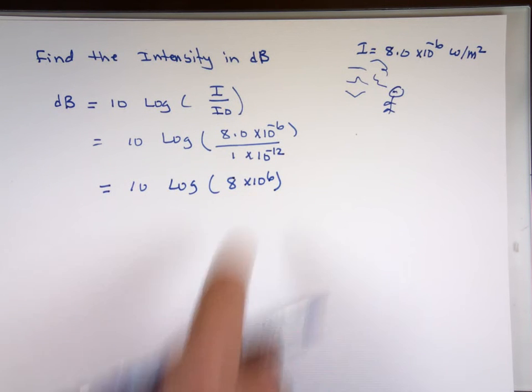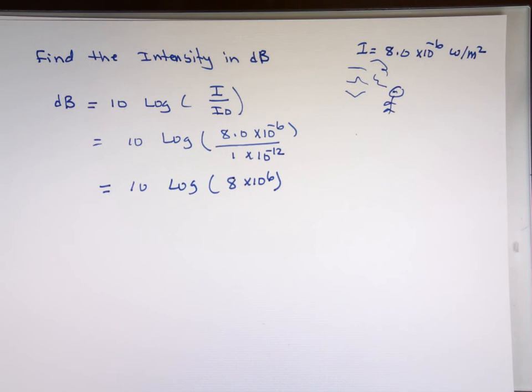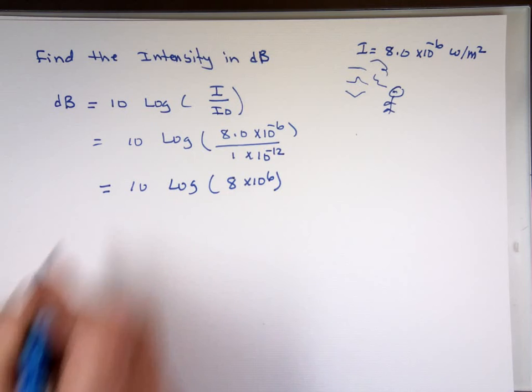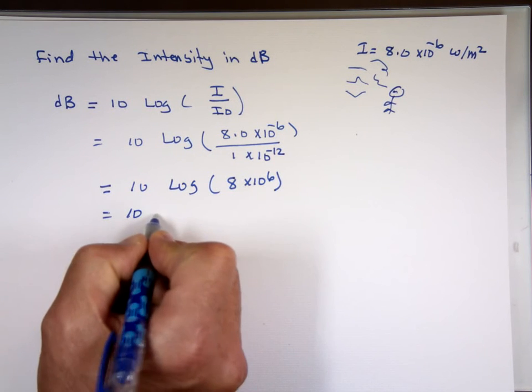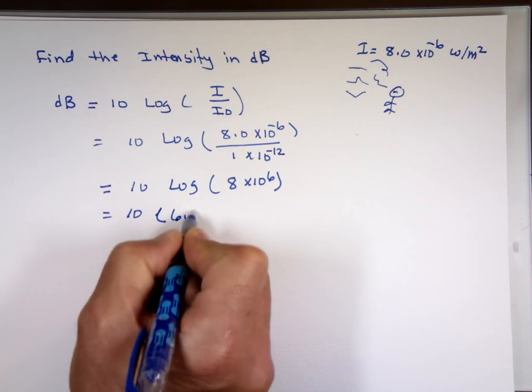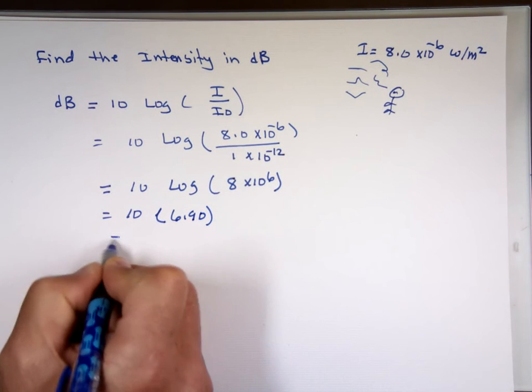Take the log of that number, 10 times 6.90, so this will be 69 decibels.